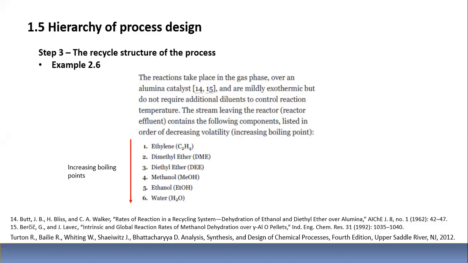The stream leaving the reactor effluent contains the following components listed in order of decreasing volatility: ethylene, dimethyl ether, diethyl ether, methanol, ethanol, and water. So the boiling points increase towards the water.